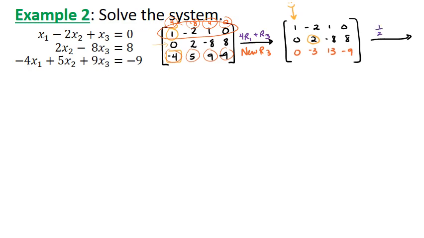I'm going to scale, and I'm going to multiply row 2 by 1/2, which is the same thing as dividing by 2. And this will become my new row 2. So everything else will stay the same. So my first row is 1, -2, 1, 0. The second row, I'm going to divide everything by 2. So I have 0, 1, -4, and 4. And then row 3 will remain the same.